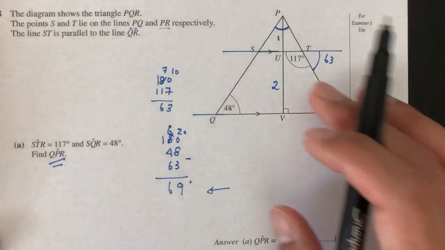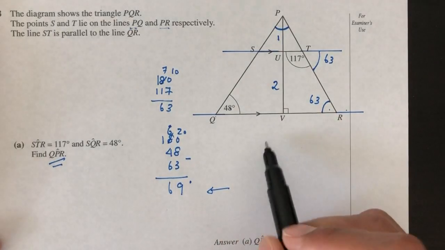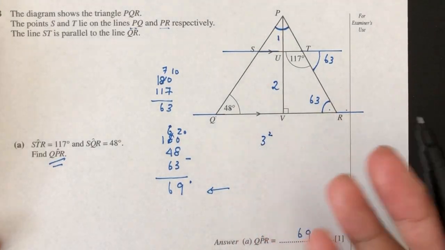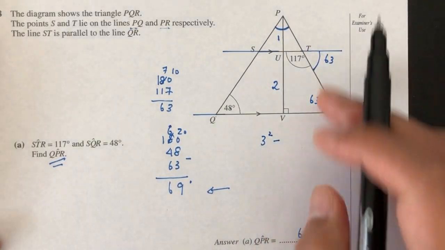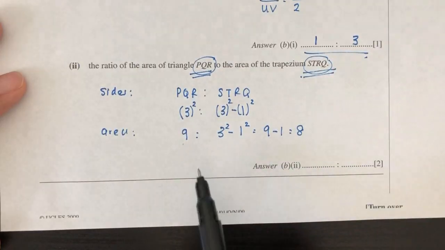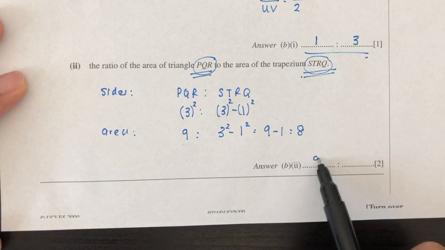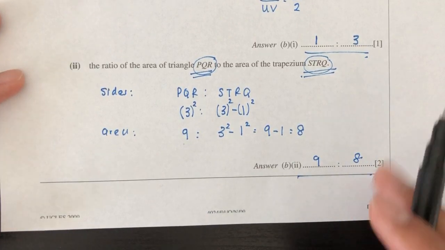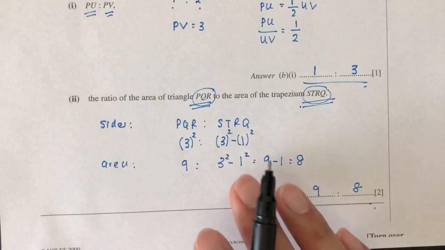You take the area of the big one, which is the side squared, minus this one, 1 squared. That will be 8. That's why your ratio is 9 to 8. And that will be question 18.